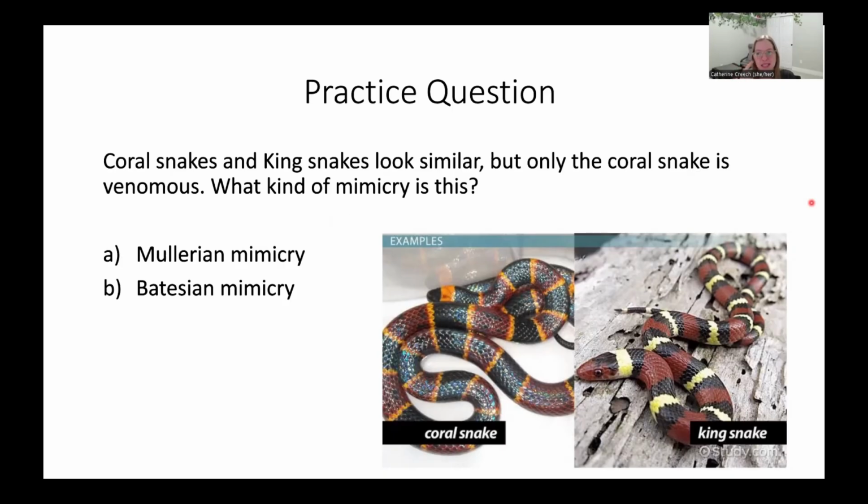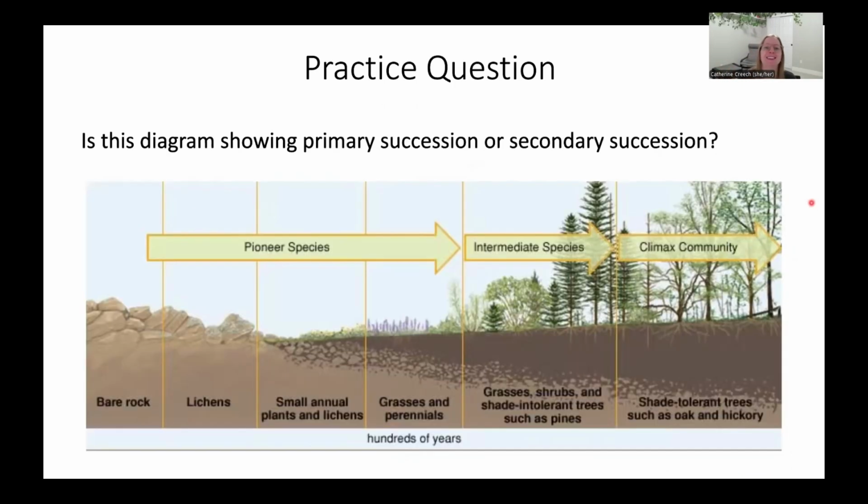So I always think Batesian biters because they're copying the venomous organism. In Mullerian, both of the organisms are dangerous or distasteful, and they look similar. Like wasps and bees, they look similar. That's Mullerian. But a hoverfly that's mimicking a wasp but is harmless, it's a biter. So it's Batesian, if that helps.